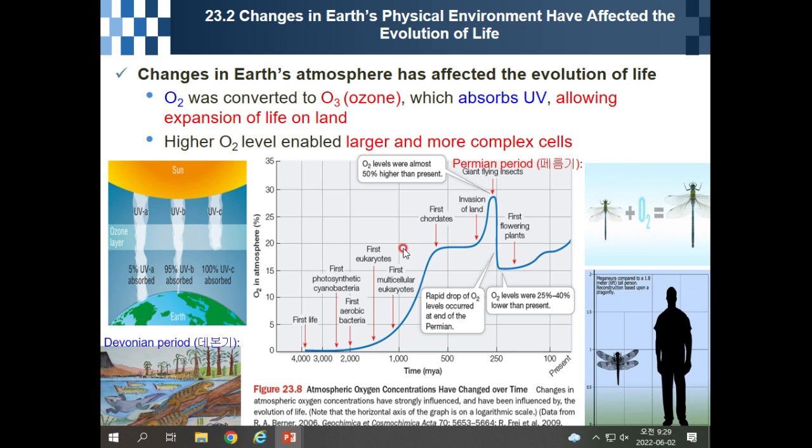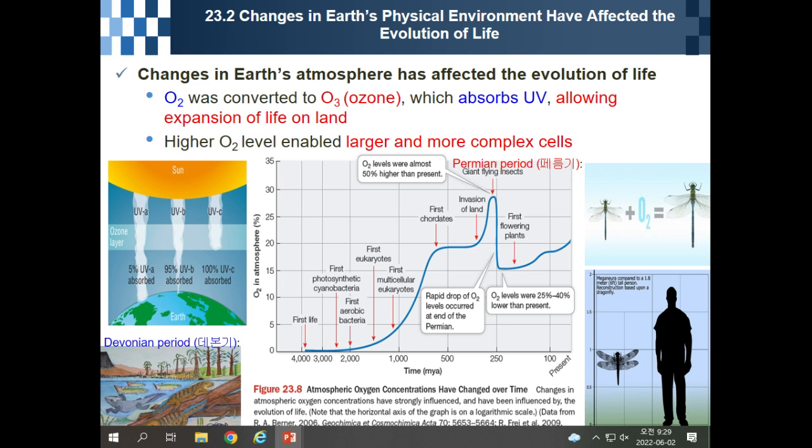So how do we know? This is the time axis: present, 100 million years ago, 250 million, 500 million years ago, and the y-axis is oxygen in the atmosphere. How do we know that?